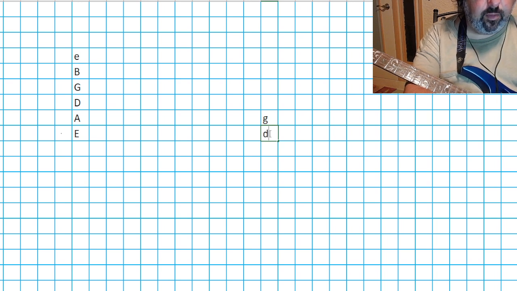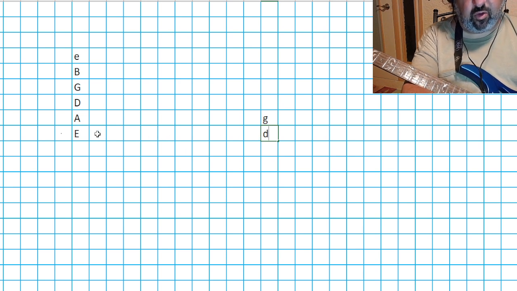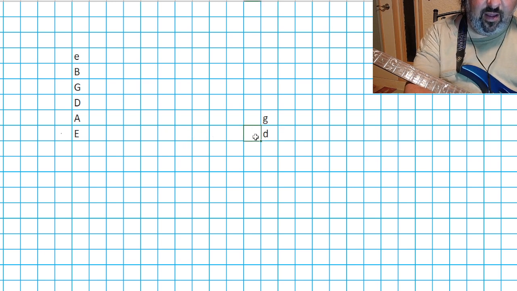That's usually D. Let's see: E, F, G, A, B, C, D. We're at the 10th fret of the guitar. Should be on this, the open string, 1, 2, 3, 4, 5, 6, 7, 8, 9, and 10. So something screwed up here. E, F, G, A, B, C, and D. The 10th fret of the guitar.